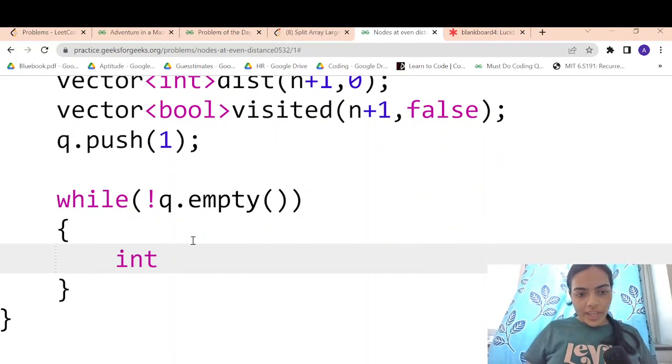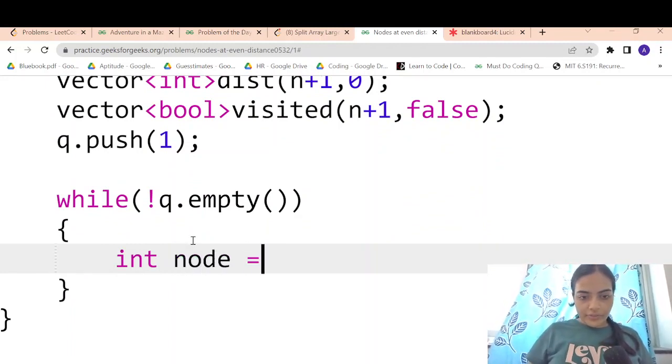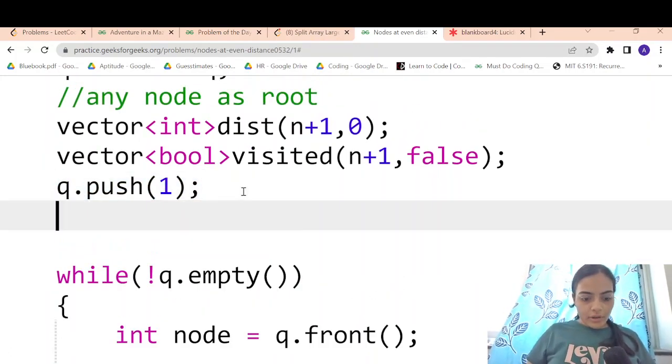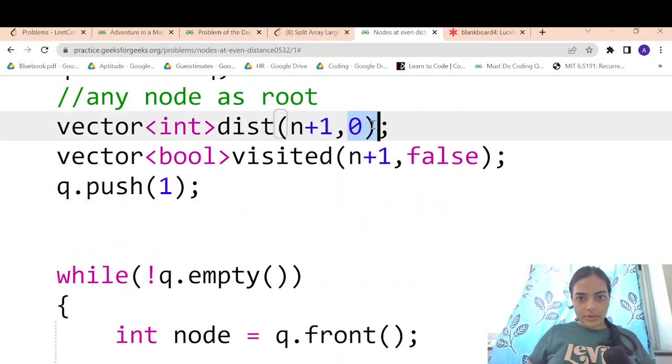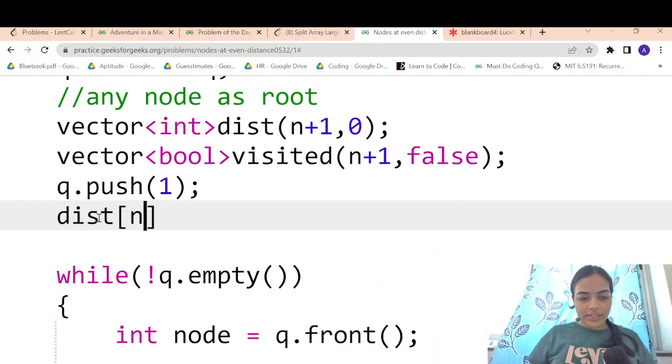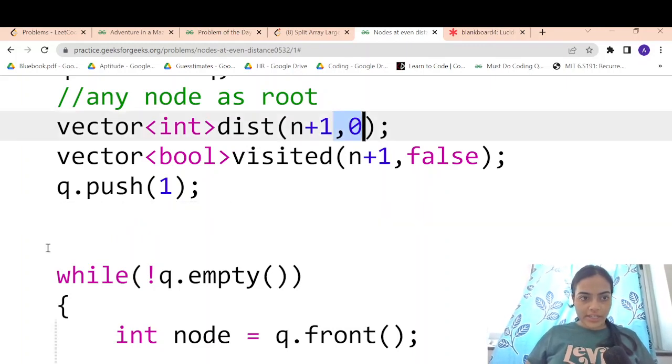See, whatever node we have at the front, first of all we take that. So the node that we have at the front will be the node, okay? Now when I'm pushing 1, I will also make its distance 0, right? So its distance is already 0, so I need not explicitly give the distance of 1 as 0, but it's understood, right? It's understood because initially all the distances are 0.